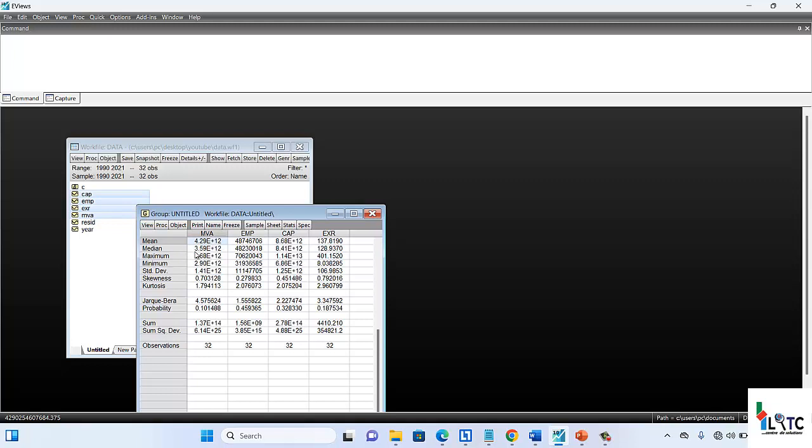Now the median simply tells us the middle value. This is very important, particularly when you are dealing with quantile regression, this particular median and Jarque-Bera.